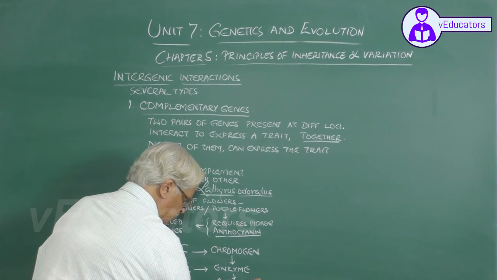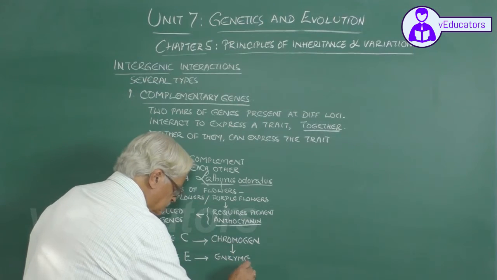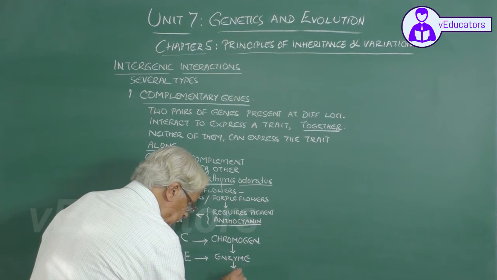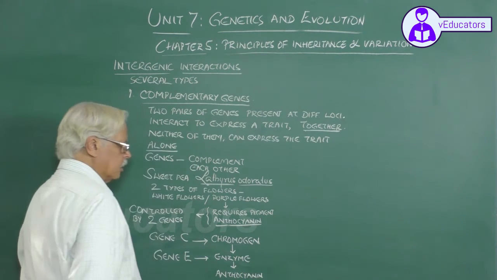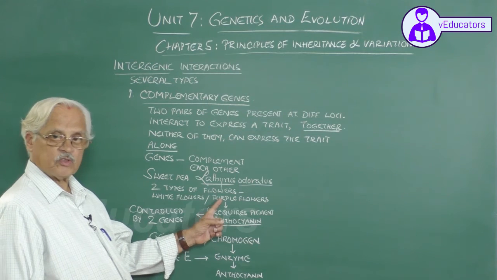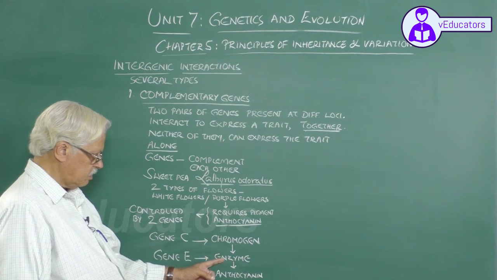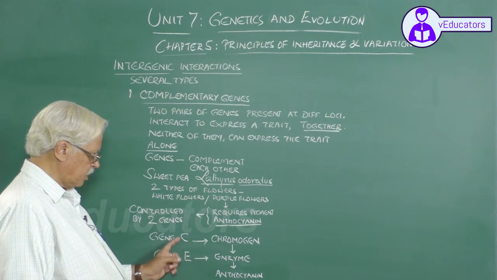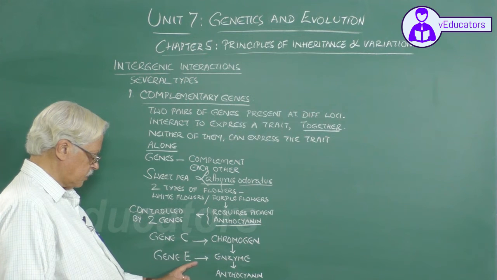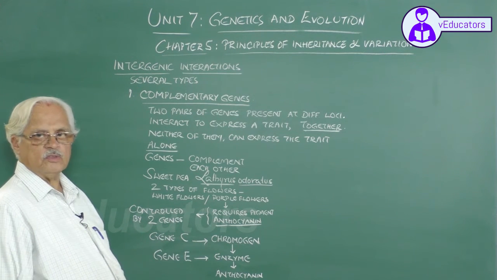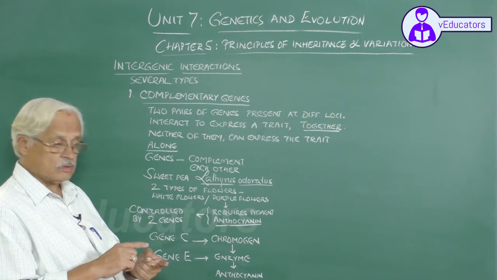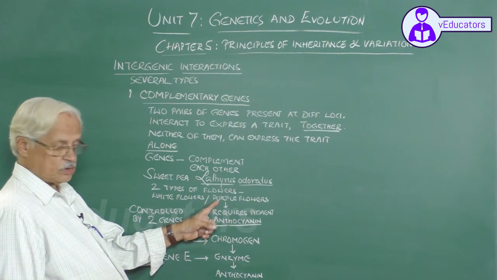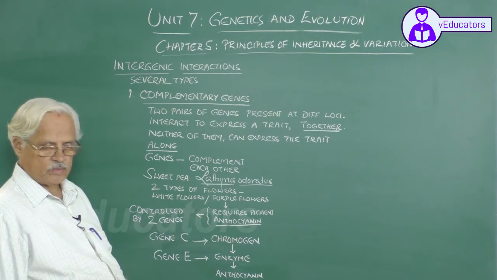Chromogen in the presence of this enzyme gets converted into anthocyanin that produces the purple color. So production of anthocyanin occurs in two steps, one step controlled by gene C, another step controlled by gene E. So when these two genes interact, only then purple color is produced, otherwise flowers will be white.